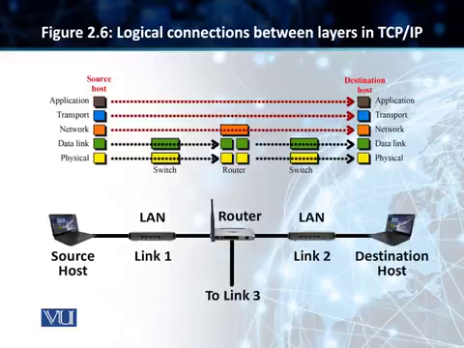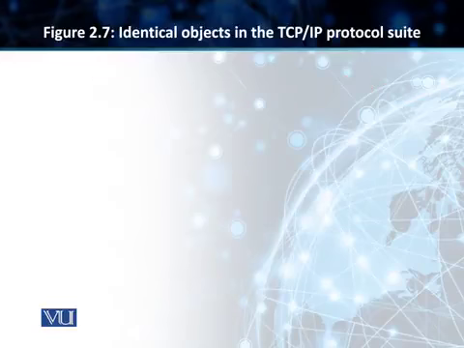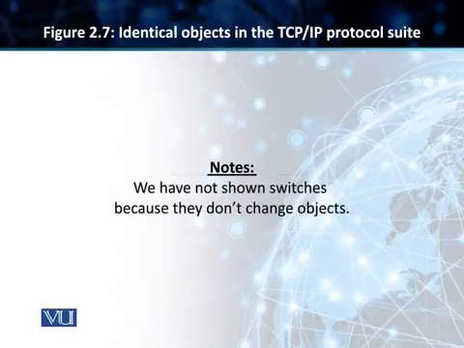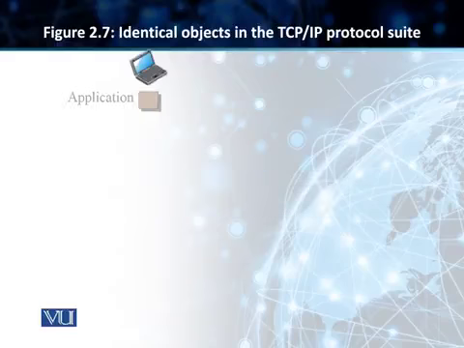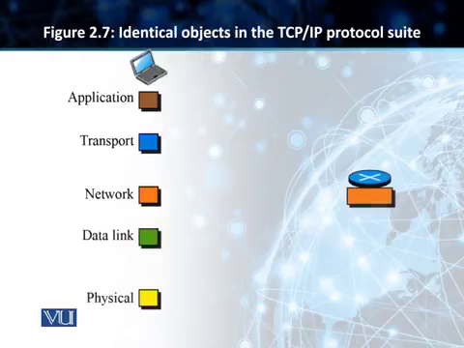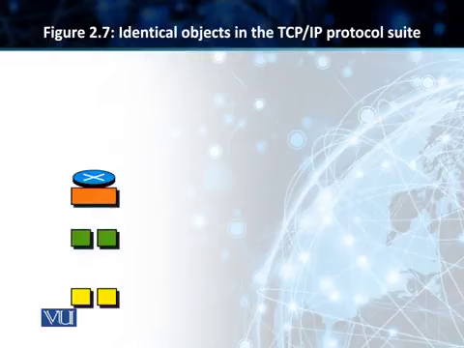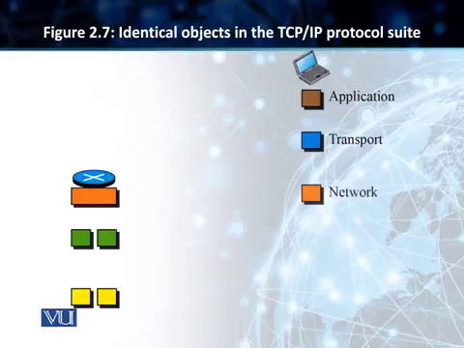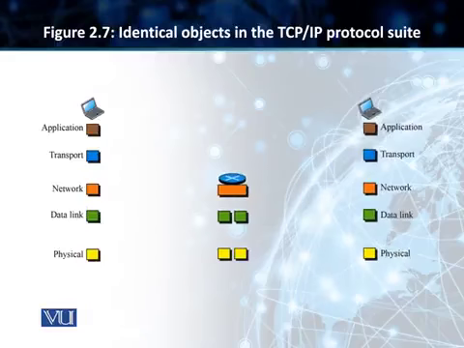Students, moving on to the next slide, we need to look at the function of these layers. We will look at the bidirectional nature of the functions performed by each layer.